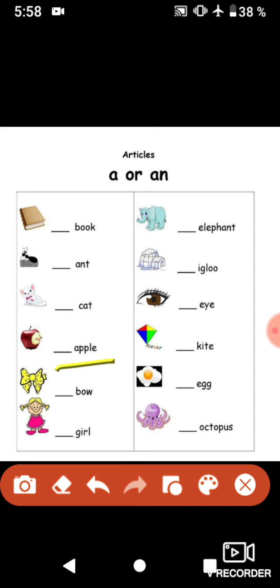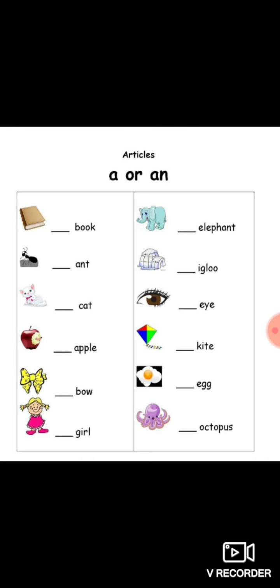And the rest you will be able to do because we have explained it. It is very easy to identify. Just pay attention to the sound at the beginning of the word in order to use a or an.